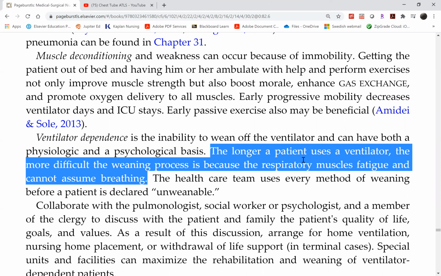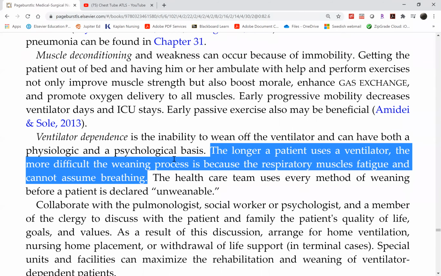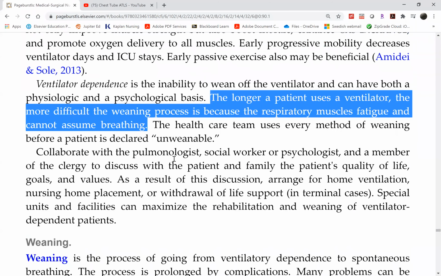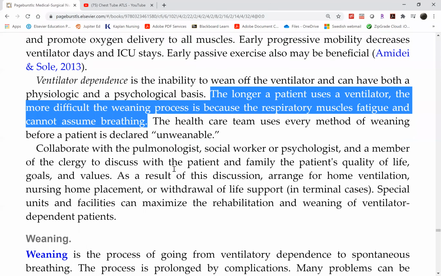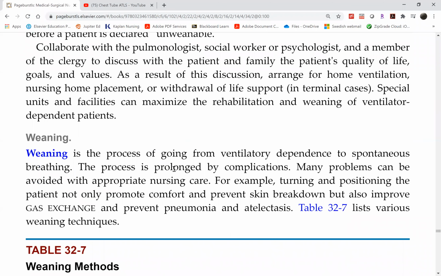If it gets flattened because of the positive pressure ventilation, that will weaken the diaphragm, causing ventilator dependence. So our goal always is to wean them as soon as possible, especially COVID patients.